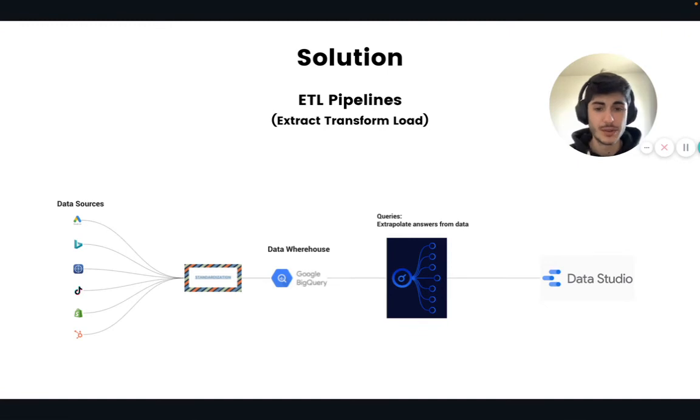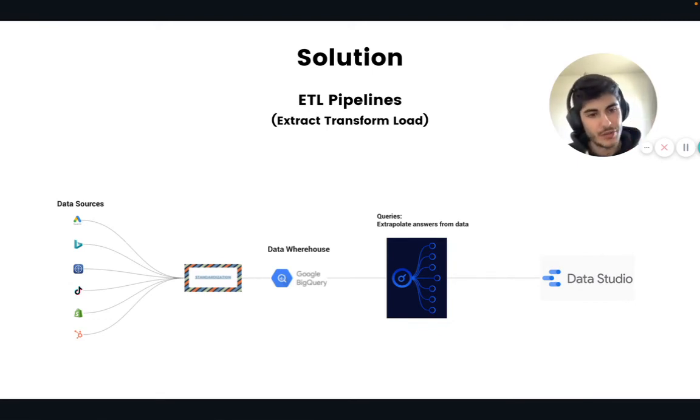Then when you have stored all your raw data cleaned in BigQuery, you can create queries inside your data warehouse, and you can extract so many insights like contribution margin, as I said, profit, cohort analysis. You can find which products bring the most LTV on the first order.